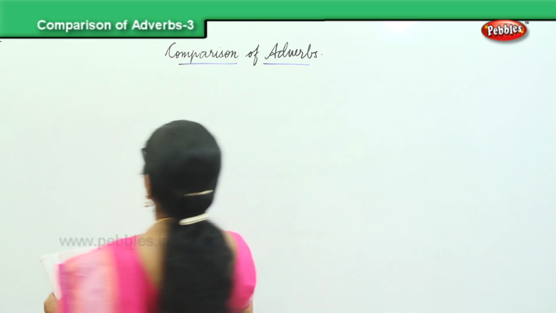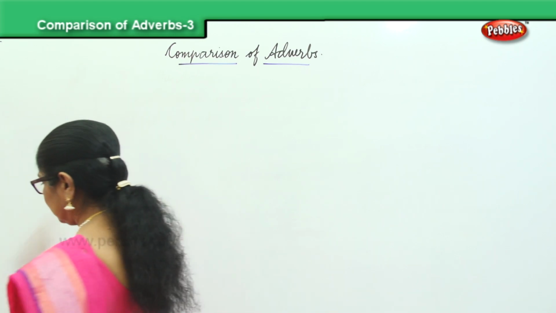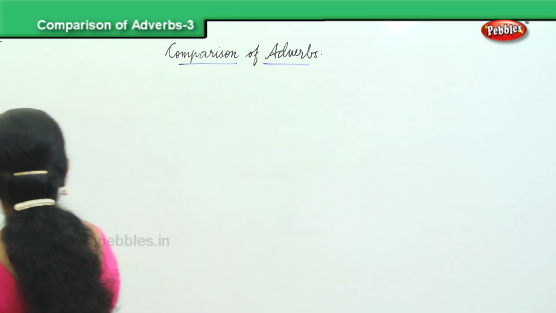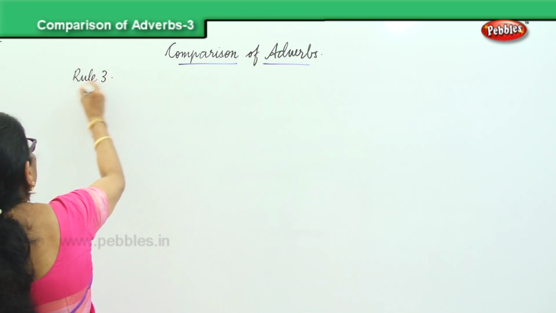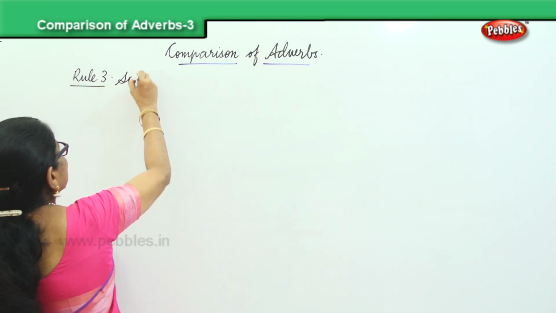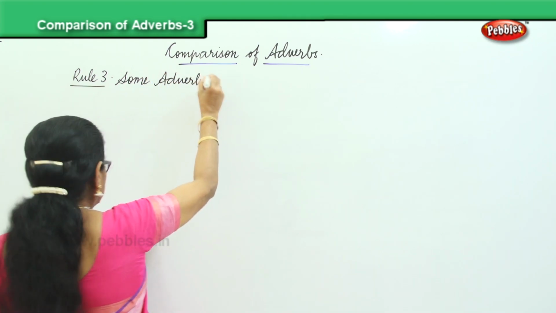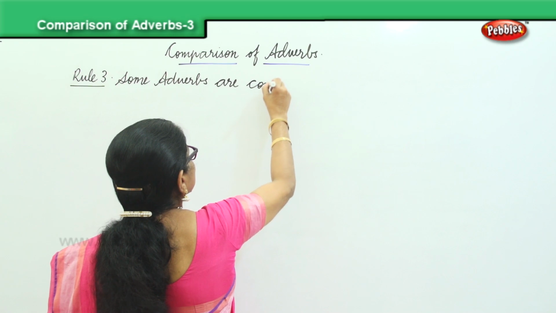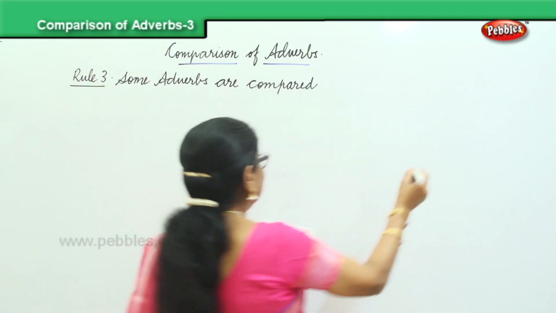So the third rule, rule number 3, says some adverbs are compared irregularly.